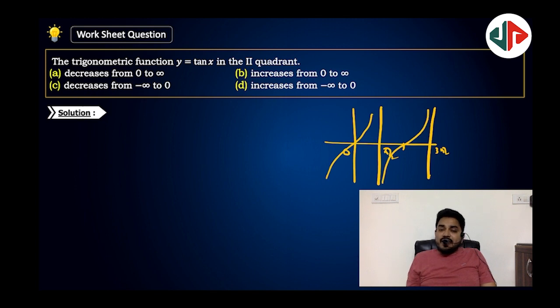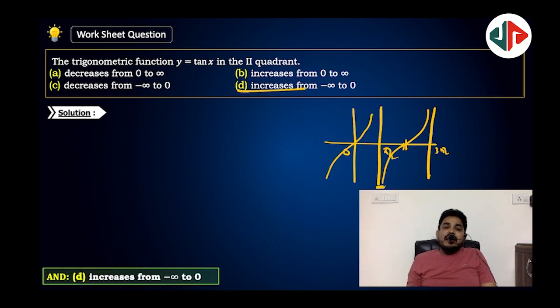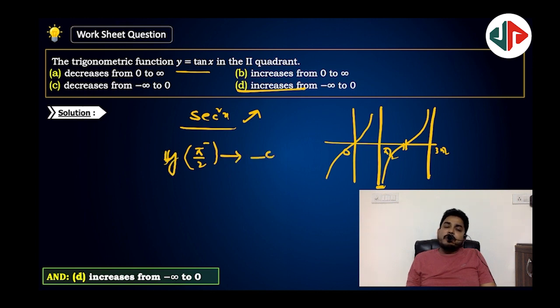But here it increases from minus infinity to 0. Maybe you want to do derivative of this one, which is secant square x, which is strictly increasing. But when you write pi by 2 minus, it is going to be minus.